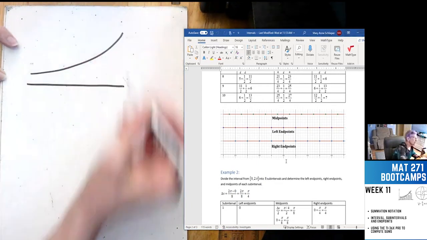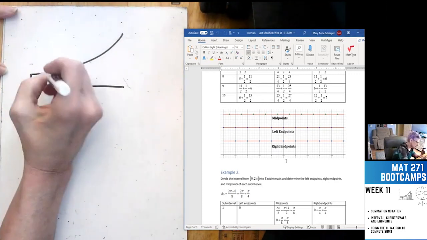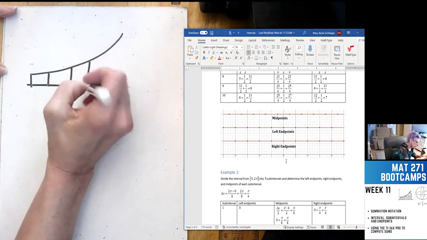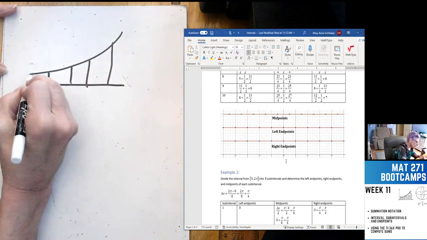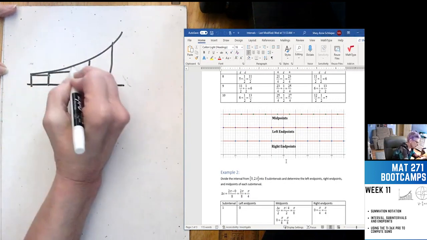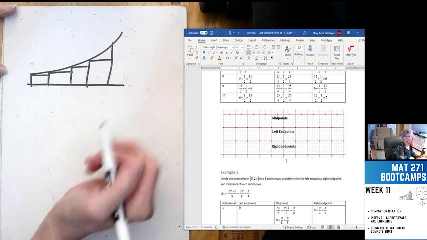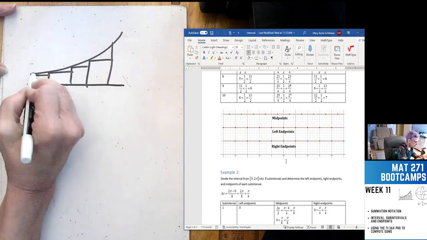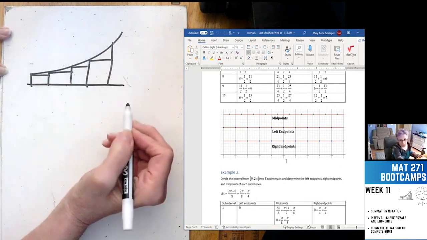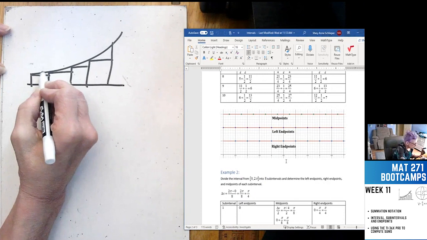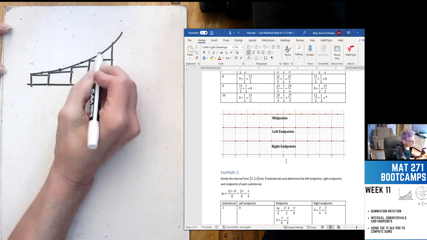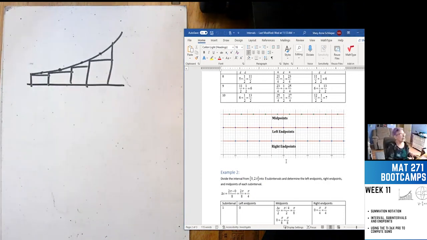If you have a function that's increasing, then your left endpoint is going to give you an underestimate. And your right endpoint would give you an overestimate. So your midpoints would do exactly what you said. It would even that out.